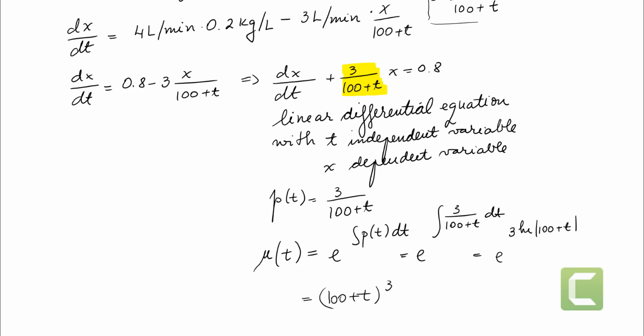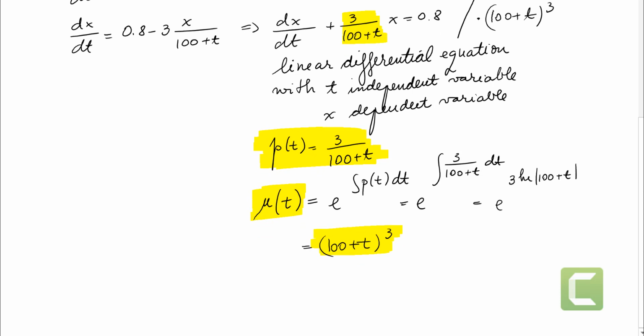So here I did all the work. So it's a linear differential equation. t is the independent variable, x is the dependent variable, and here we figure out p of t, and then computed mu of t, which ended up being 100 plus t to the third. And the reason is we're going to multiply our equation by 100 plus t to the third.